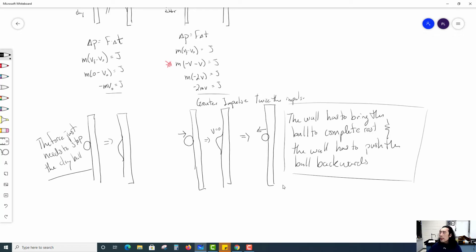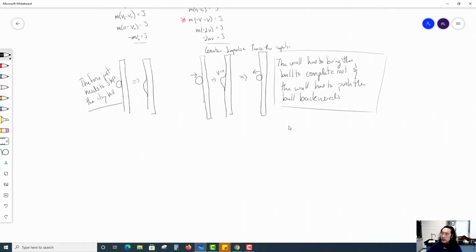And so in sports, there's a lot of sports with impulse and momentum. I'll try to tie it one more time. If a ball is coming towards you and you're trying to catch it, this is what we call cradling the ball, or you're moving with the ball.